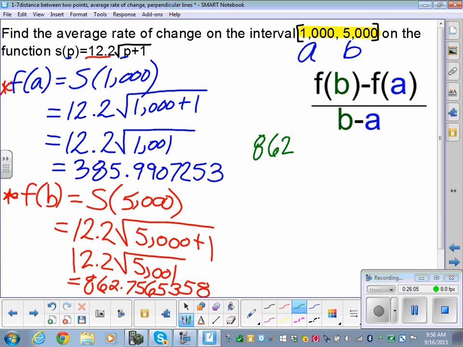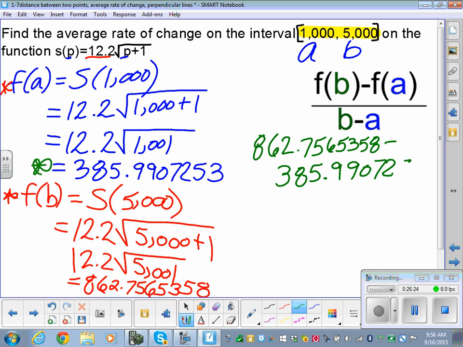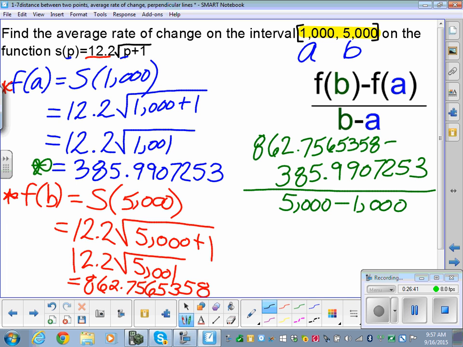So 862.7565358 minus f of a, which is 385.9907253. And that's all over b minus a, so that's 5,000 minus 1,000. Does everybody see how that's f of b minus f of a, all over b minus a? Now, if you type that whole thing into your calculator, you have to use parentheses.